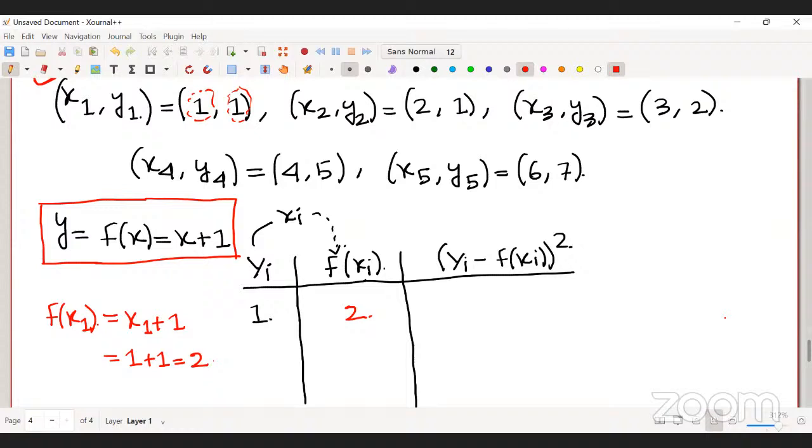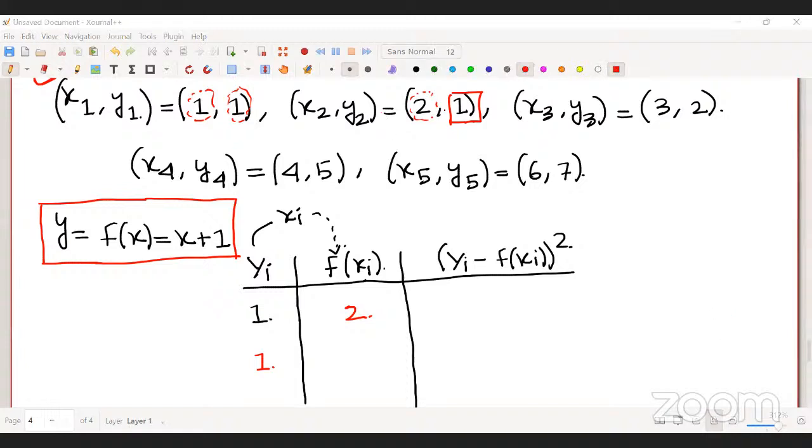So y1 is 1, and f of x1 is 2. Similarly, the next is y2, which is 1. For y2 I have x2, and I have to find f of x2, which is x2 plus 1.